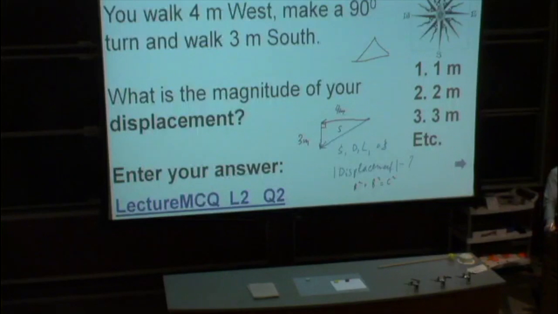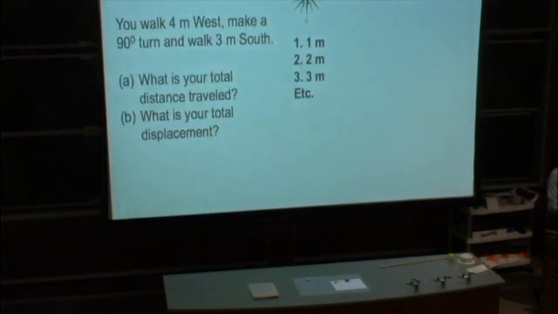What else do we know about right angle triangles? Yes? Trigonometry, exactly. If we know two sides, we can calculate a sine or cosine or tangent of the angles inside. We also know that, since it's a triangle, the sum of all angles is equal to what? 180. So we know a lot about right angle triangles.